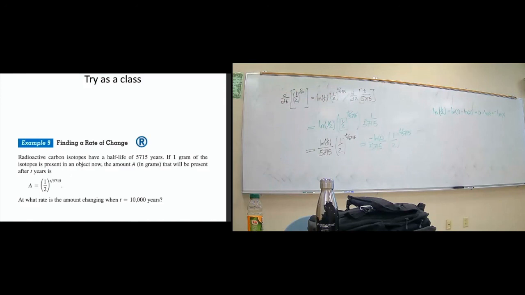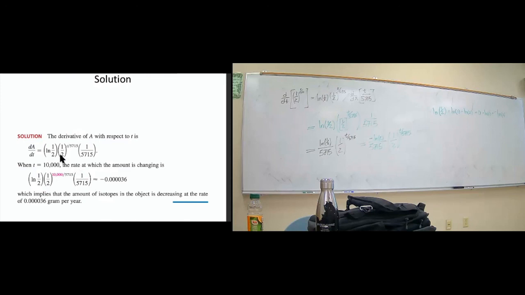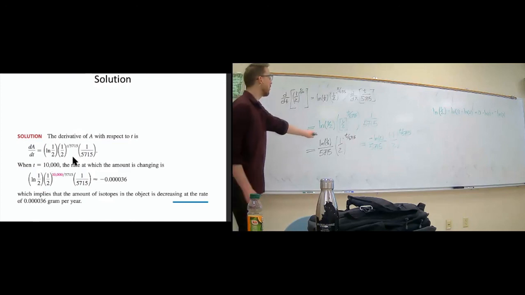And if we want to answer this final question, we would just plug in 10,000, right? Make sense? So checking out what we've got, they just leave the ln of 1/2 be, but it all comes out to be the exact same, right? Exactly what we've got written here.